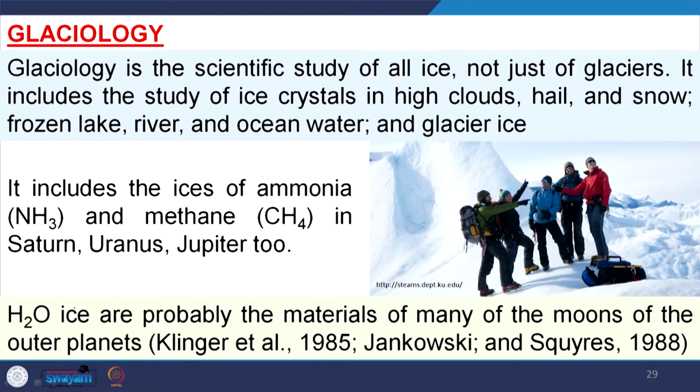This also includes frozen ammonia as well as methane, mainly found on Saturn, Uranus and Jupiter. So, glaciology is a broad term, irrespective of its glacial form, irrespective of its composition, it covers all parts of the glacier system.